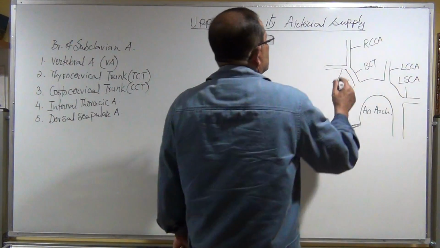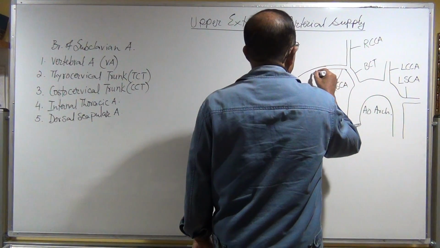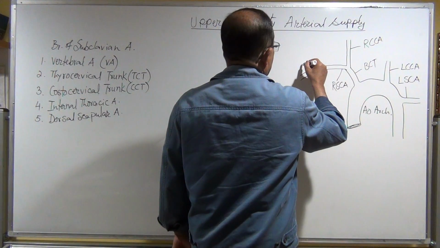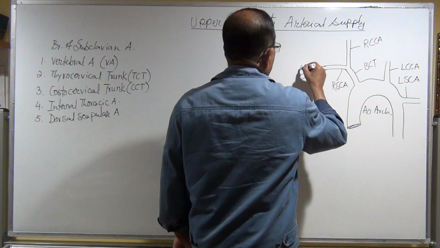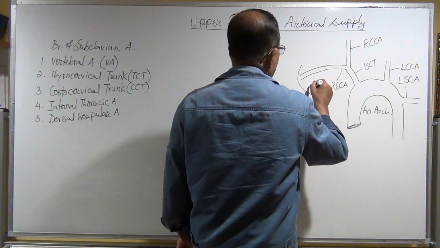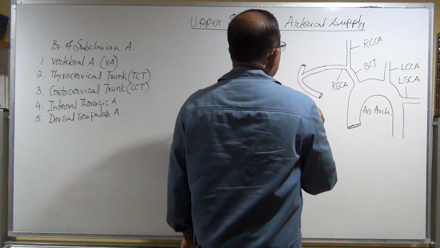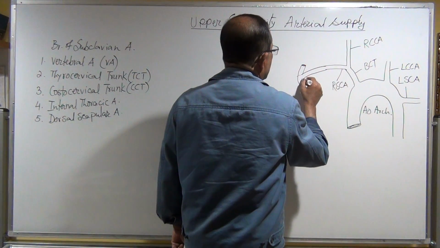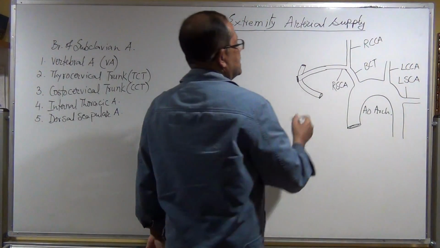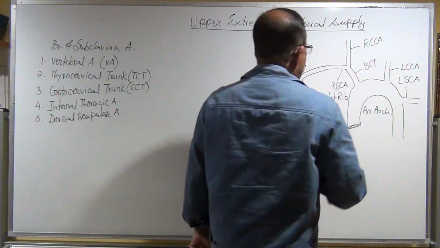So now let me show you first that the subclavian artery is going to the upper extremity, and the subclavian artery ends at the outer border of the first rib.